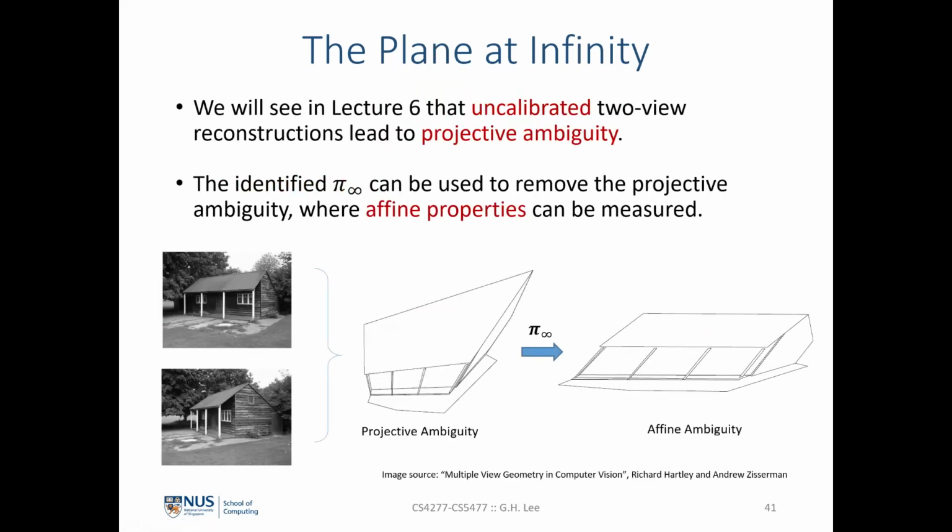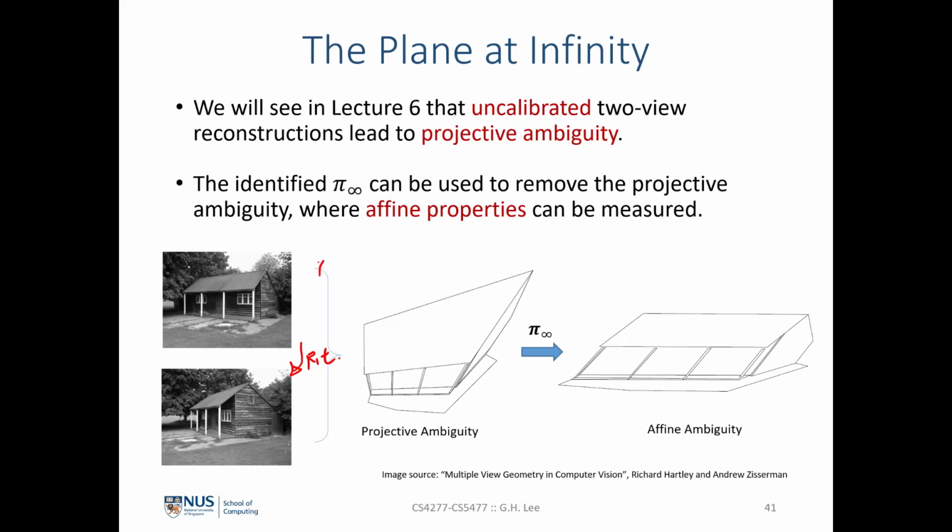And we'll see in lecture 6 the uncalibrated two-view reconstruction. This means that if I have two views, two images from two different viewpoints of the same scene, I can get the relative transformation, rotation, and translation here. And then after that, I will be able to do triangulation.